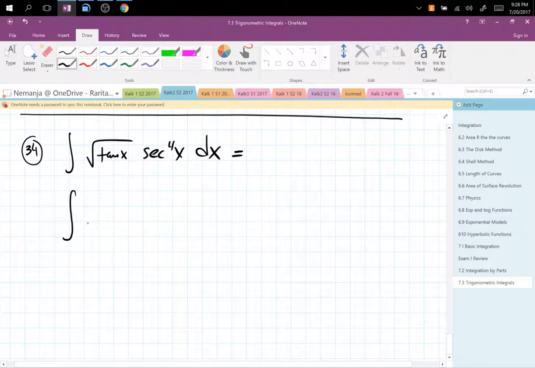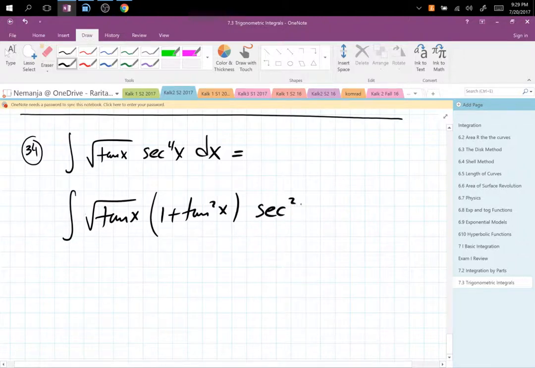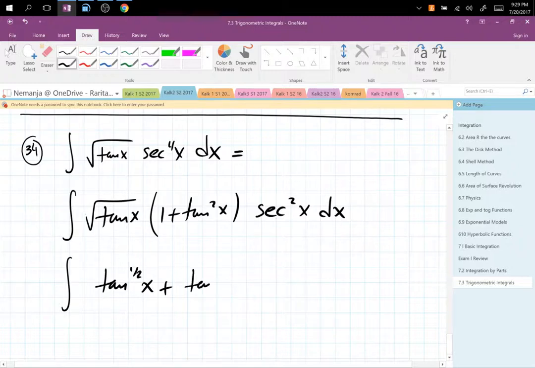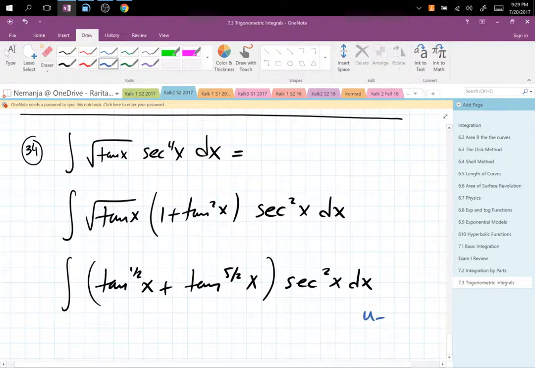So we have the square root of tangent x, and then one of the secant squares becomes 1 plus tangent squared x, and then we leave the secant squared x and then dx. So now when you do the u sub, you set tangent, right? Well, actually, let me simplify the algebra first. So it's going to be tangent to the 1/2 x plus tangent to the 5/2 x. u equals tangent x, du equals secant squared x dx.